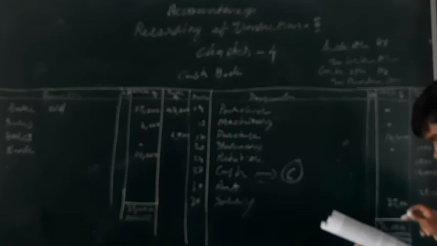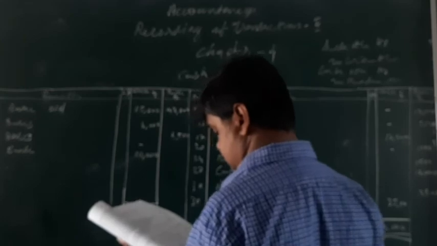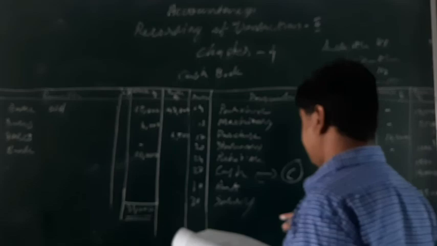That is why we take the difference, 31,000 minus 20,900. Then we get the difference amount, 10,100. Which side is less? This side is less. Then we write here 10,100 and give balance c/d.